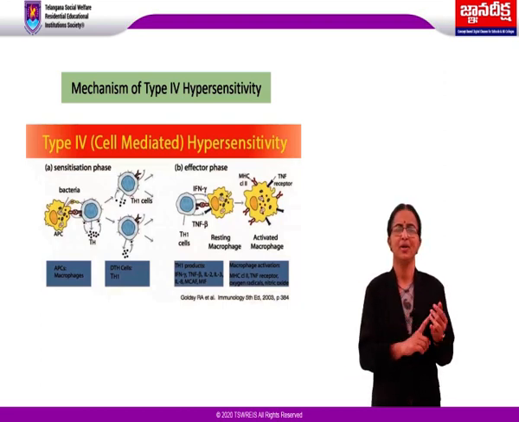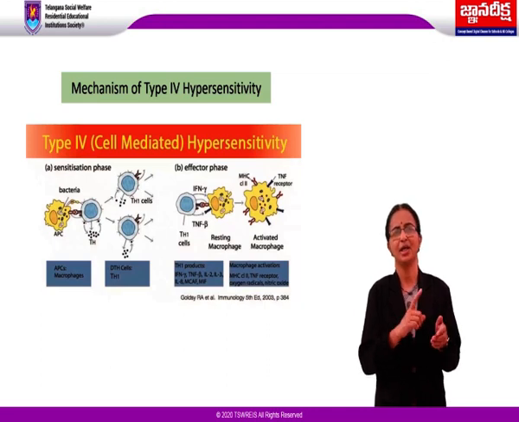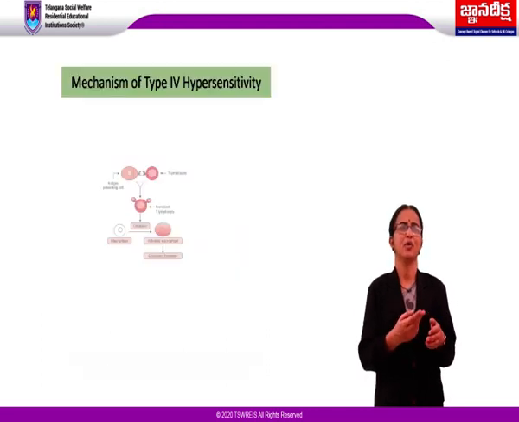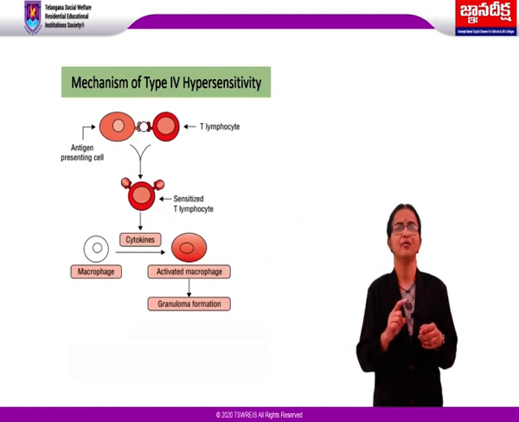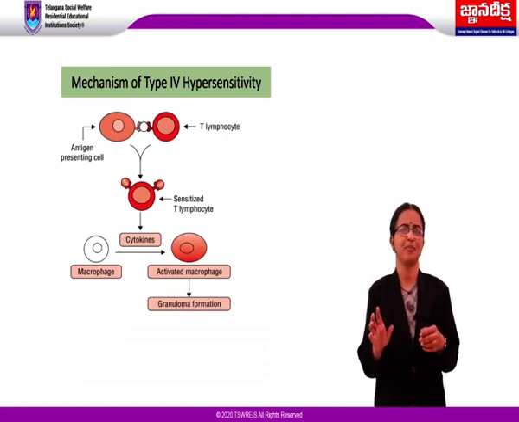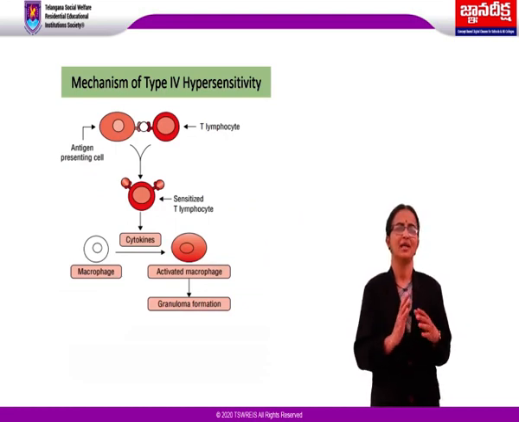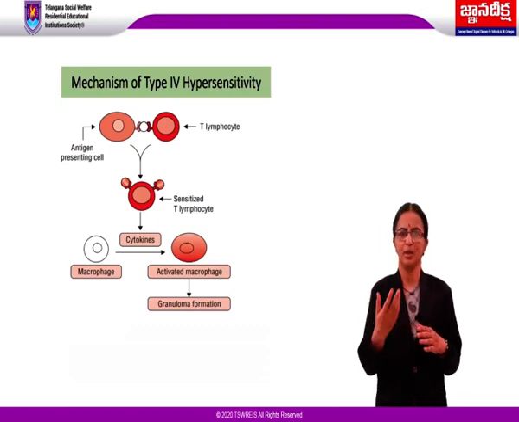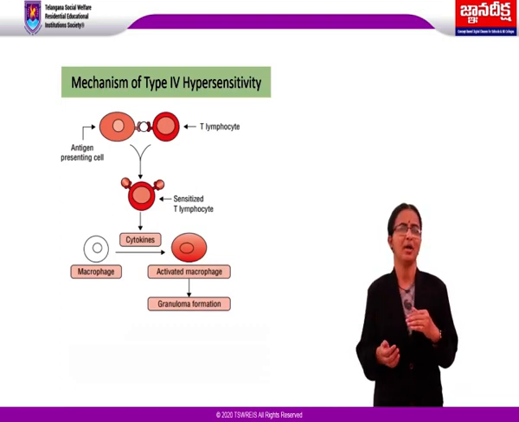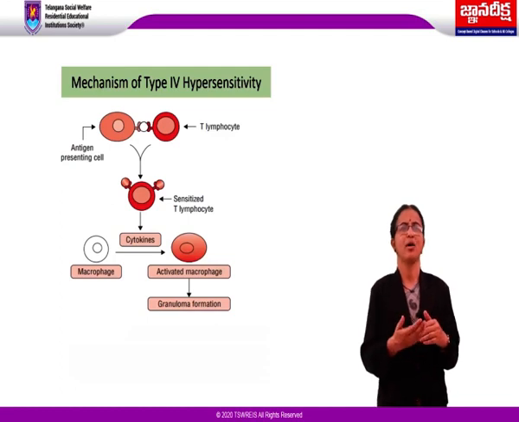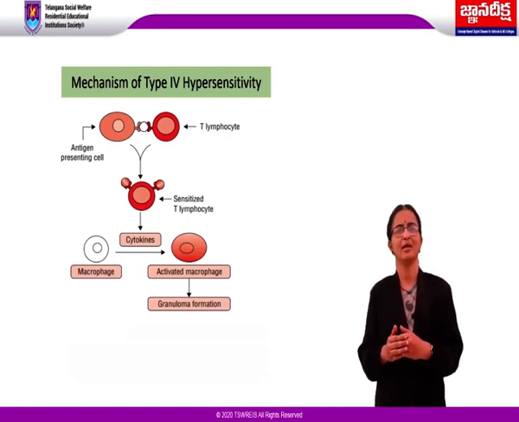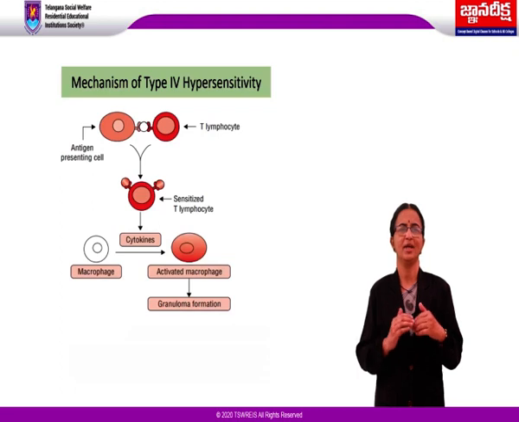These can be macrophages that secrete interleukin 12, which stimulate the proliferation of further CD4 plus TH1 cells. CD4 plus T cells secrete interleukin 2 and interferon gamma, inducing further release of TH1 cytokines, thus mediating the immune response.